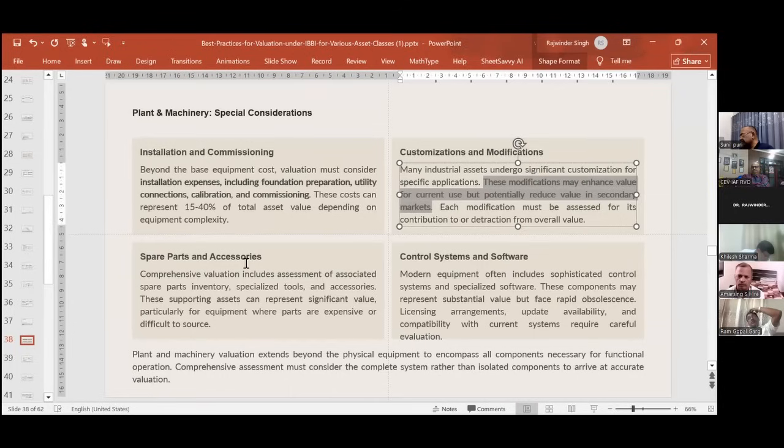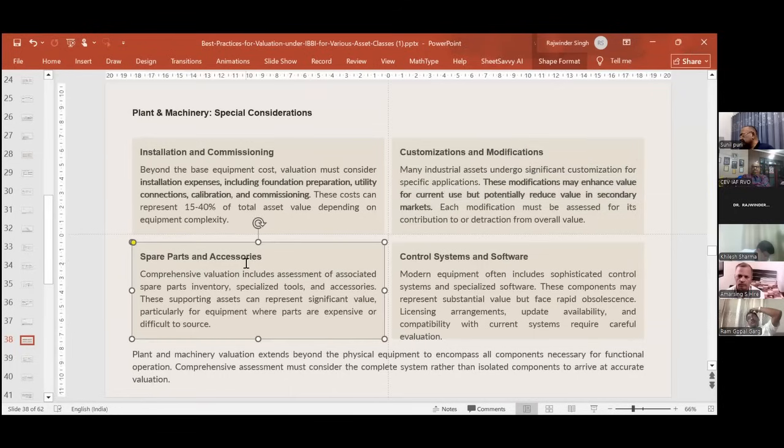And then an important thing: inventory, specialized tools and accessories. Each machinery requires spare parts at different times.